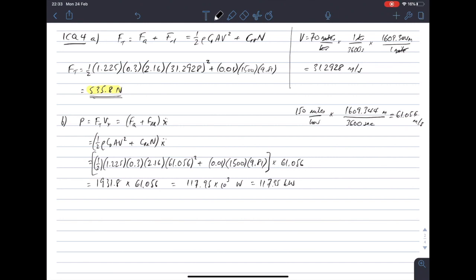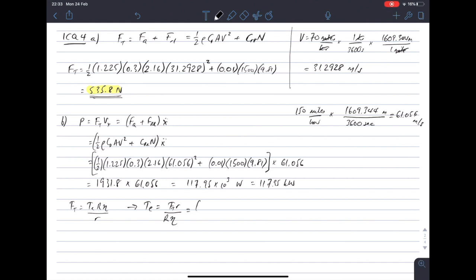Now to get the engine torque, we can use the equation Ft equals the torque from the engine times by the gearbox ratio times by the efficiency divided by the wheel radius. If we rearrange this equation for TE, we get FT times by the wheel radius divided by the gearbox ratio times by the efficiency.